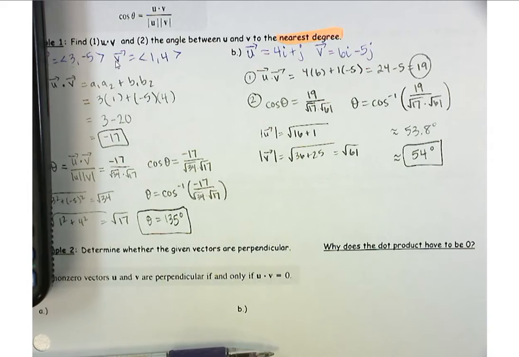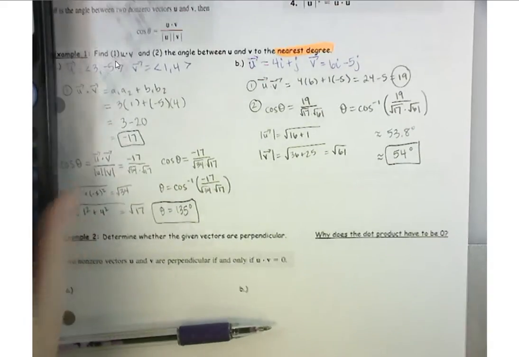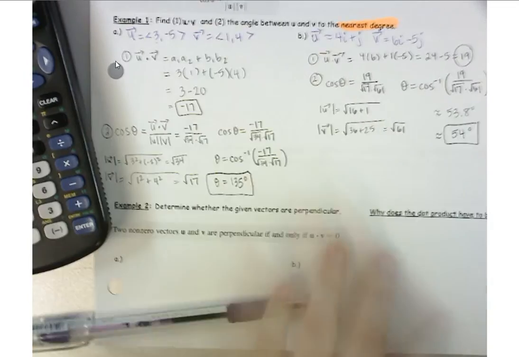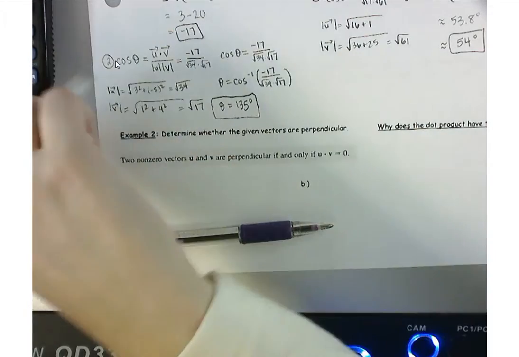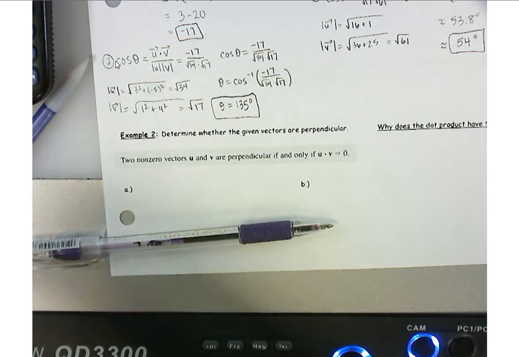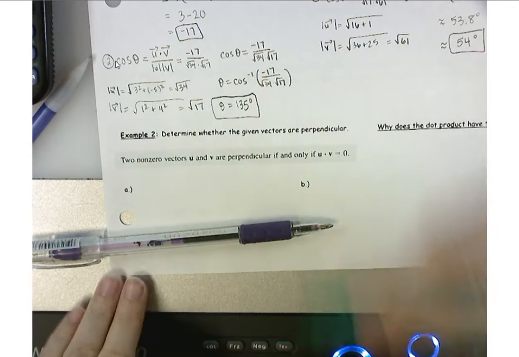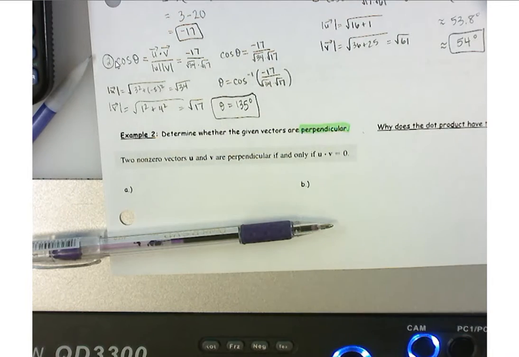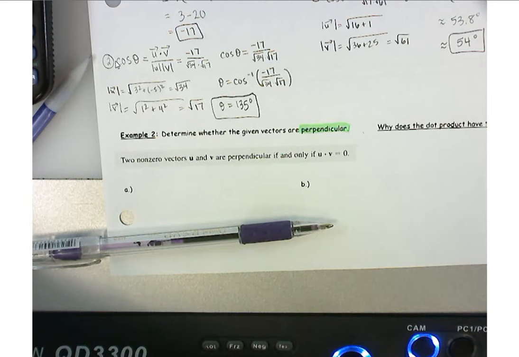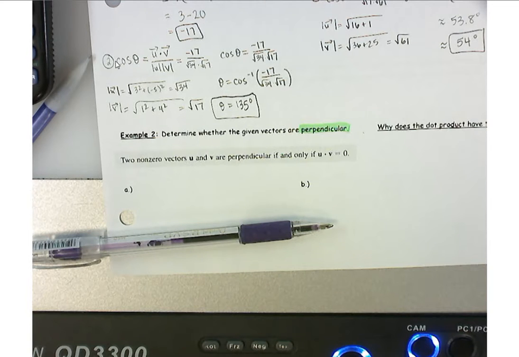All right, another way we can use the dot product with vectors is to determine if 2 vectors are perpendicular. Now remember, if you have 2 lines or vectors that are perpendicular, what happens? What does that mean? Yeah, they're going to meet at 90-degree angles.